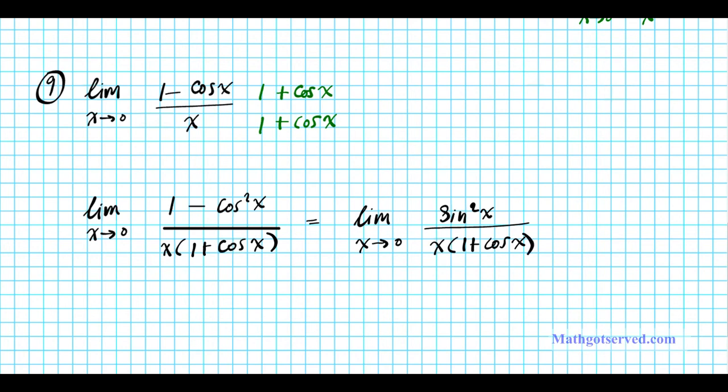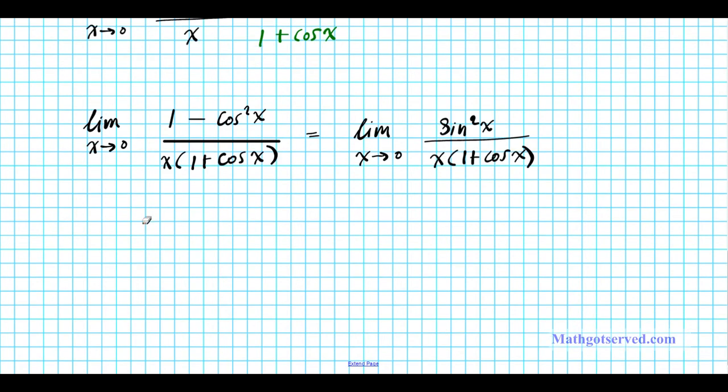Now sine squared x can be broken down into the product of two sine functions. So we have the limit as x approaches 0 of sine x over x times sine x over 1 plus cosine x. Now we can take the limit of these two factors right here.